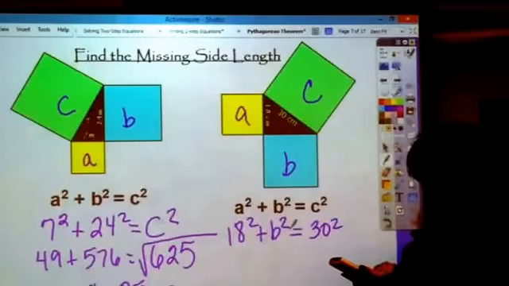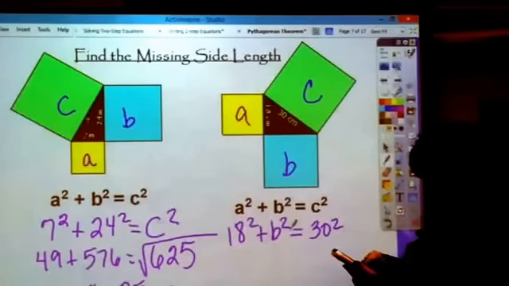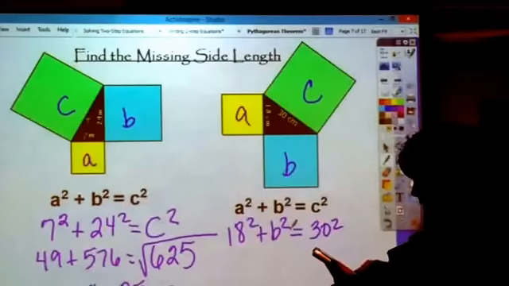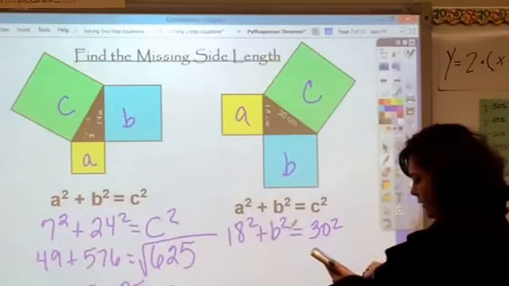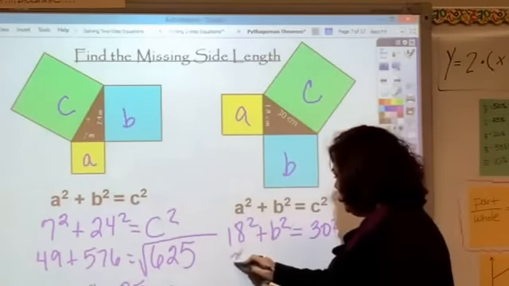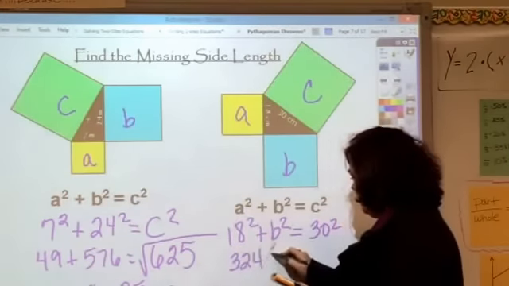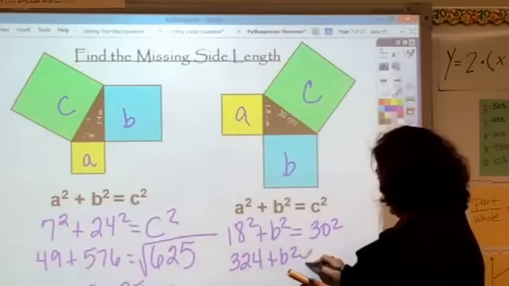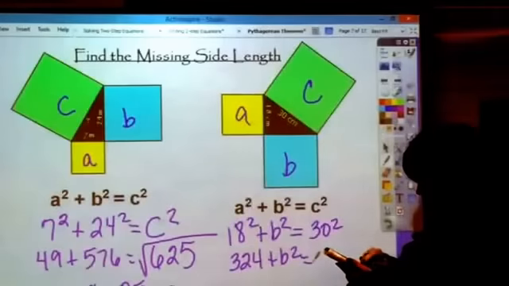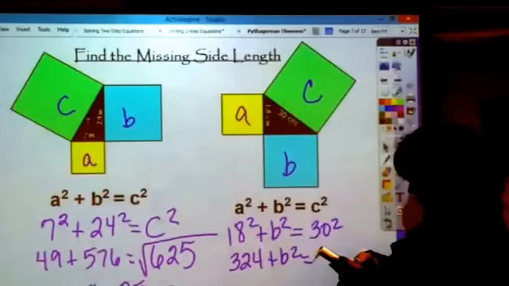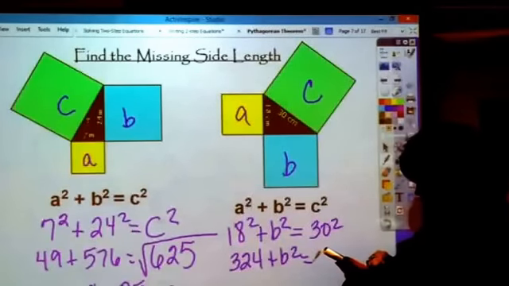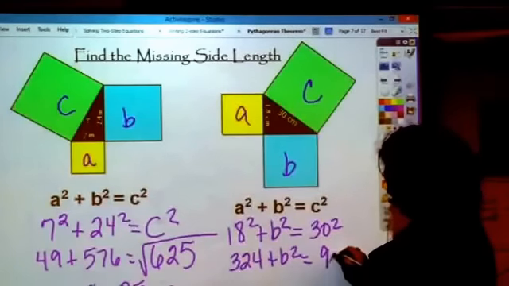So I would go 18 squared equals 324, plus B squared equals 30 squared, which is 900.